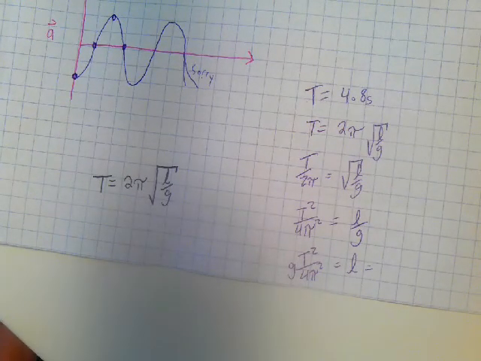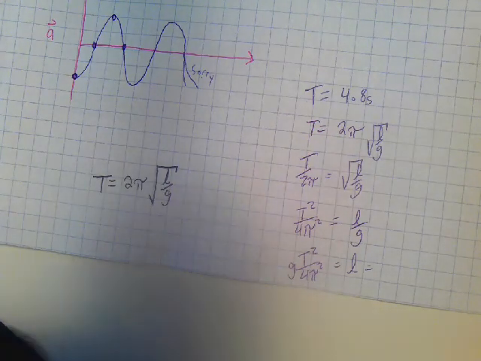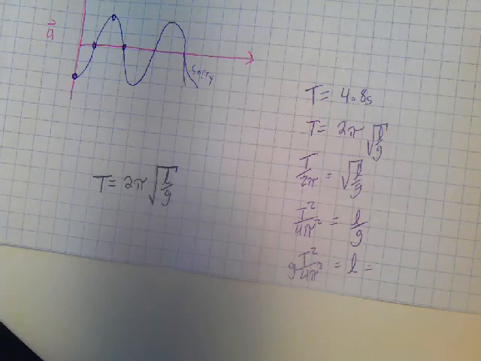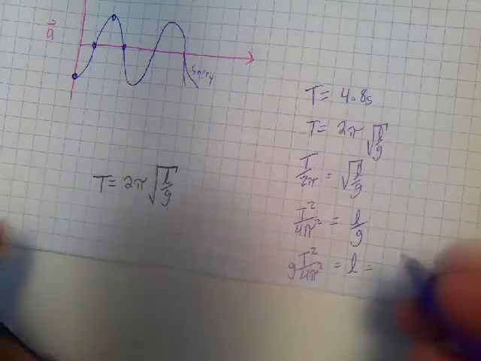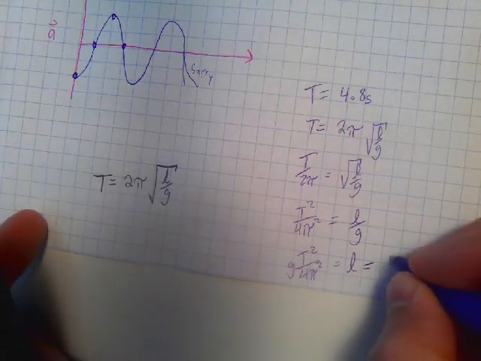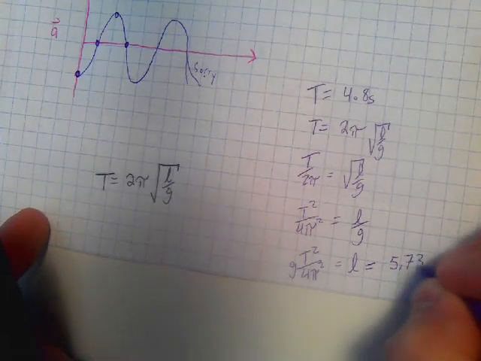So from there, I can calculate how long the pendulum, the swing in my front yard, is. So 4.8 times 4.8 times 9.8 divided by 4 pi squared, which is about 39.4, and I get a length of about 5.73 meters.